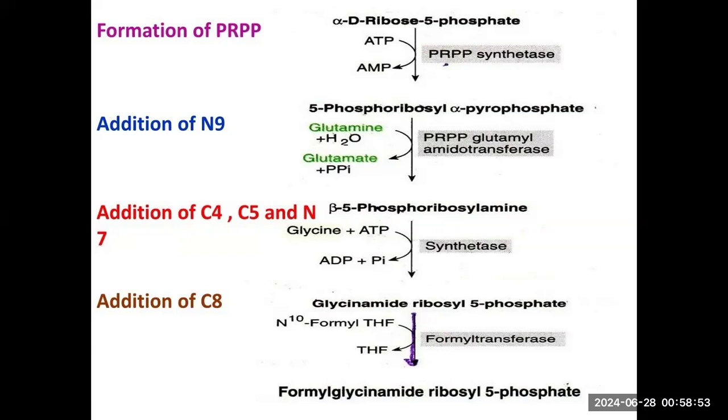After this, one more carbon is added in the form of a formyl group, donated by N10-formyl tetrahydrofolic acid by the action of the enzyme formyl transferase, and we get the formation of formyl glycinamide ribosyl 5-phosphate.